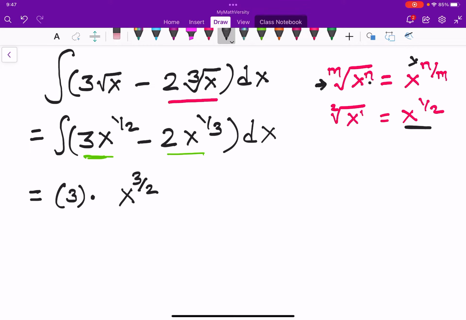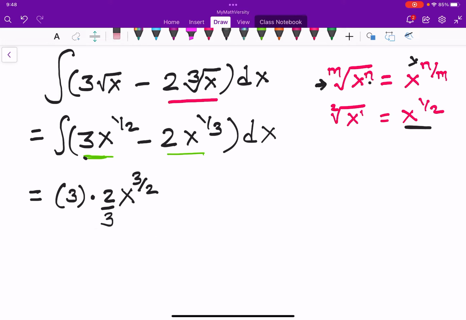We also need to multiply by the reciprocal of 3/2, which is 2/3, to x to the power 3/2. And we need to multiply that by 3. So this is the antiderivative of the first term.